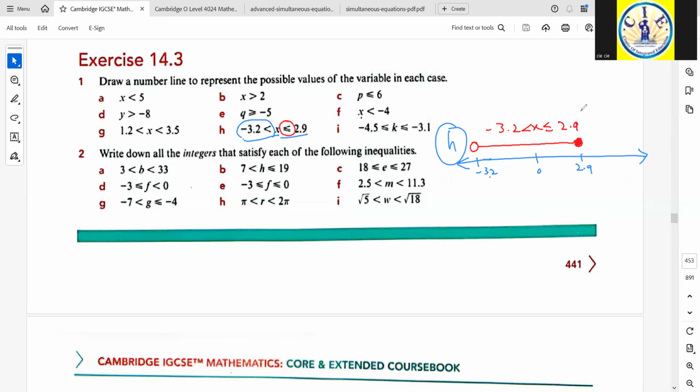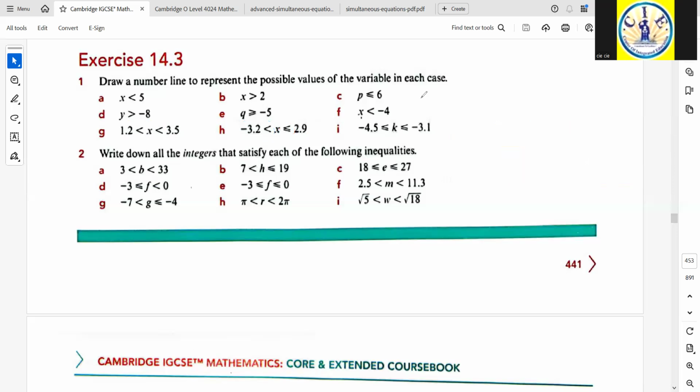Now for part I, for example, positive 4.5, negative 4.5 and negative 3.1. Here is 0, for example. Here is negative 3.1.